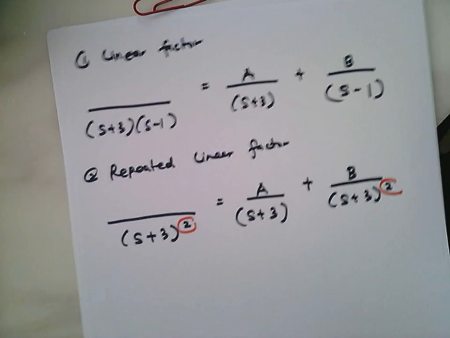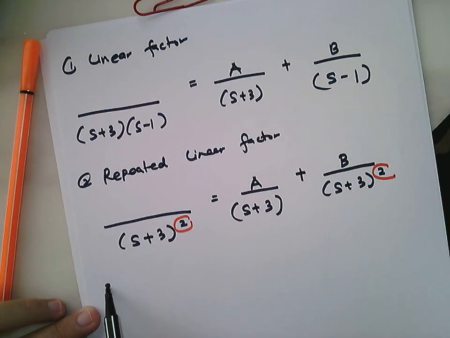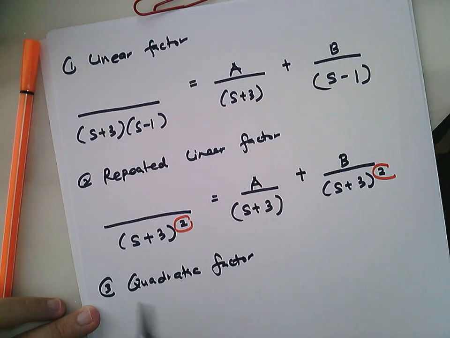The third one is quadratic factor, if your denominator is in terms of as squared plus bs plus c.